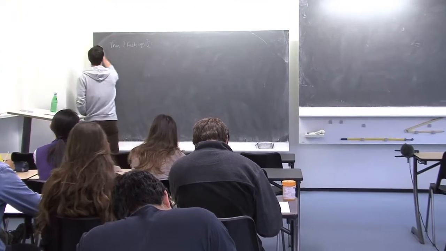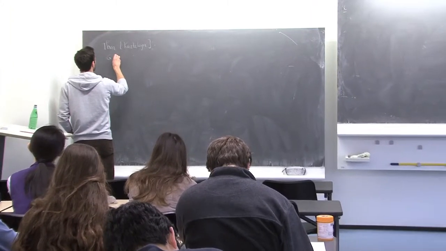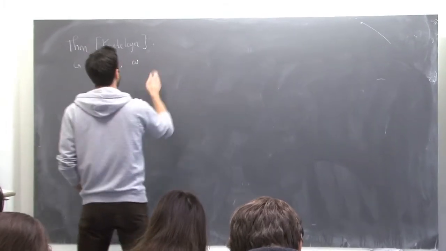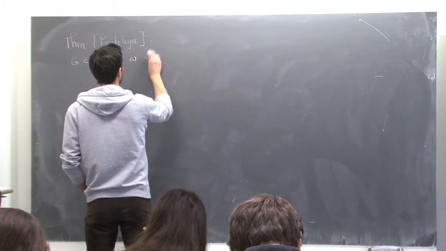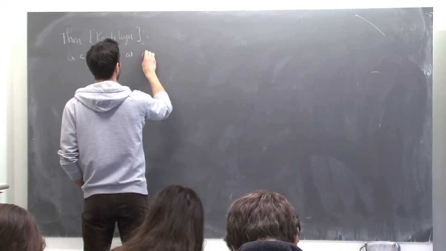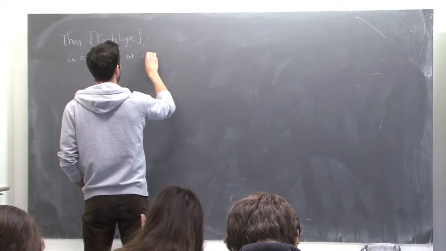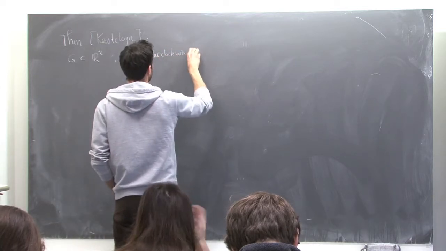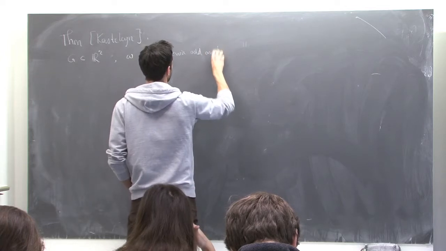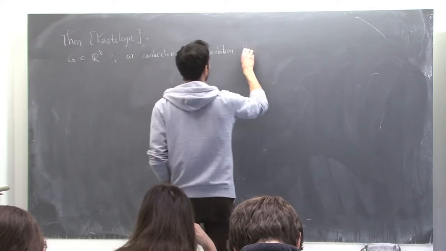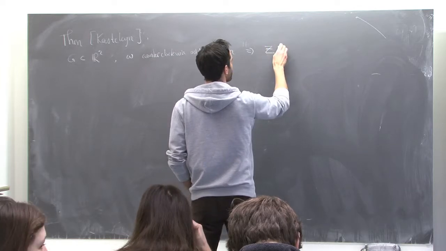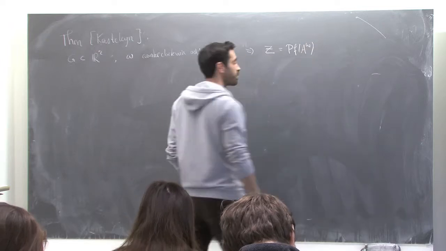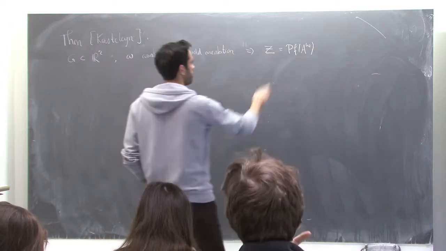So if G is planar, if you fix omega, an orientation, we'll just call it a counterclockwise odd orientation, then the dimer partition function is given by the Pfaffian of the corresponding skew adjacency matrix with absolute values.